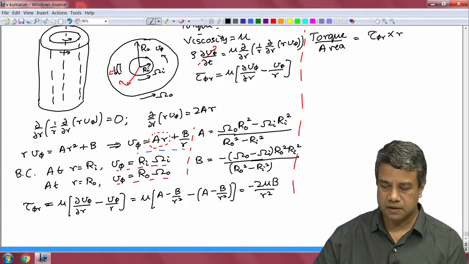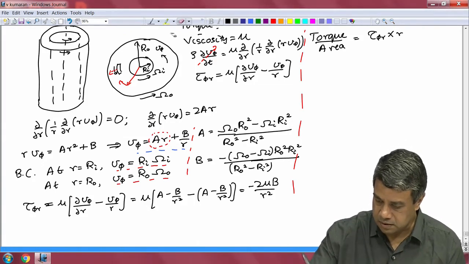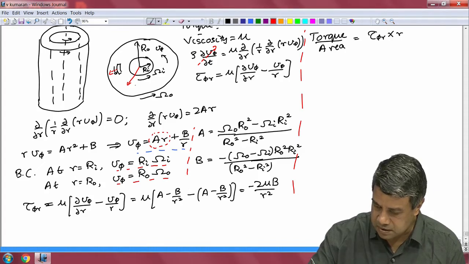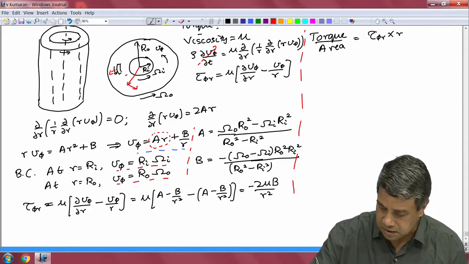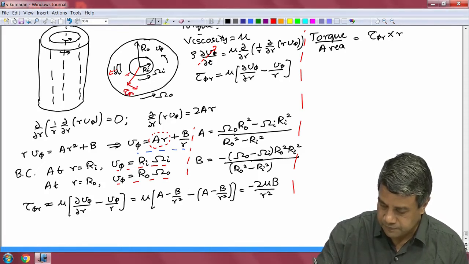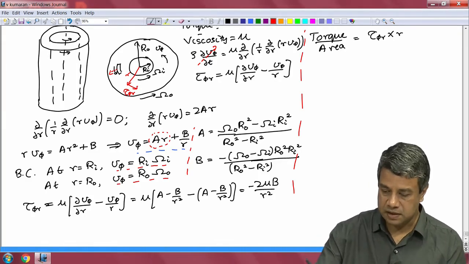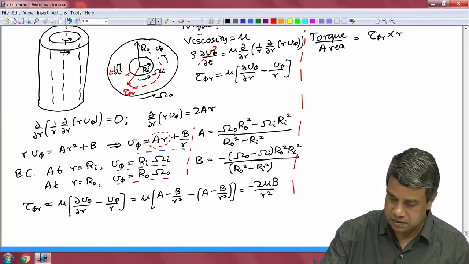Therefore, the torque is equal to the stress tau_phi_r times the distance r from the axis of rotation. That is the torque per unit area on any cylindrical surface around the axis.